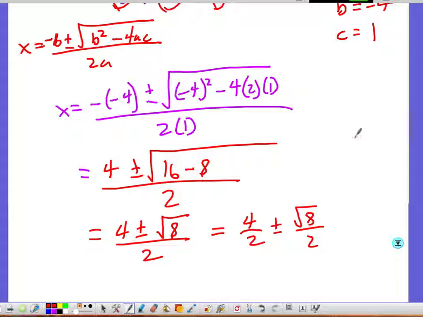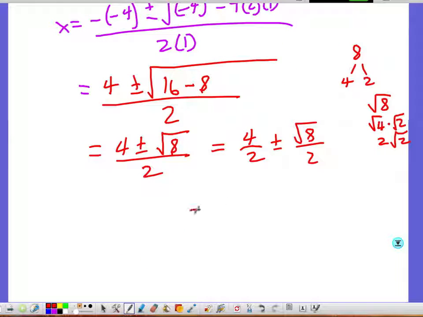Now 8 contains a perfect square, which is 4 times 2. That means that the square root of 8 can be written as the square root of 4 times the square root of 2, which is equal to 2 times the square root of 2.